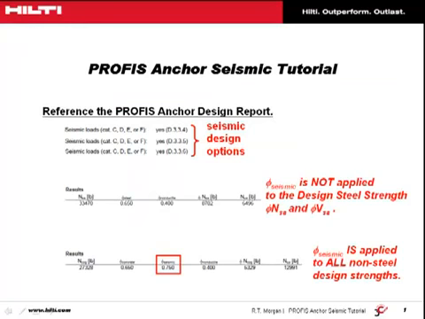The PROFIS Anchor design report will show the 0.75 factor noted in D.3.3.3 as phi seismic. Note once again that phi seismic is not applied to any design steel strength. However, phi seismic will be applied to all non-steel design strengths such as concrete breakout.